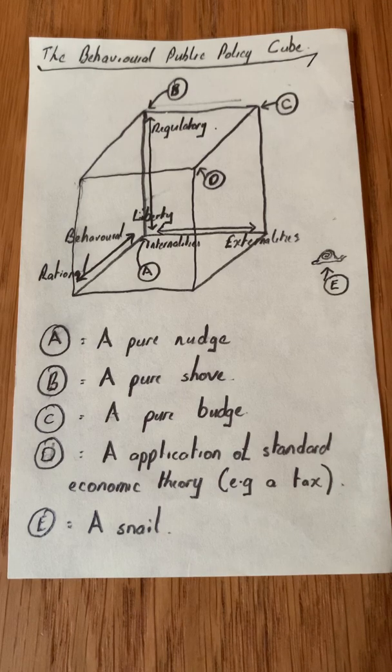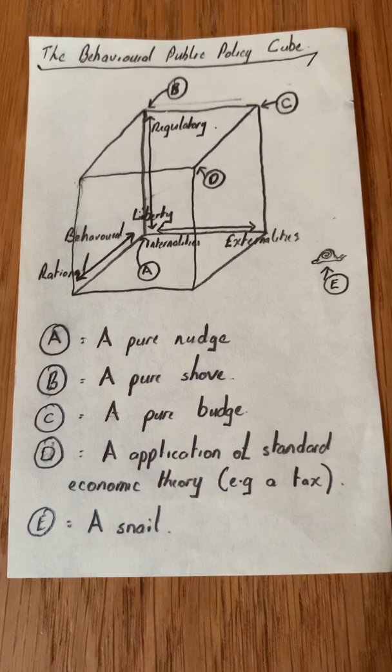You can also put frameworks that are informed by rational choice theory, so standard economic theory, in this cube. So if you wanted to, you could look at all the behaviour change related policies that have been implemented by your government or maybe even by your company, introduced by whosoever, and you can place them in this cube, and you can see then how regulatory or liberty preserving your particular government is, or how much they focus upon externalities rather than internalities.